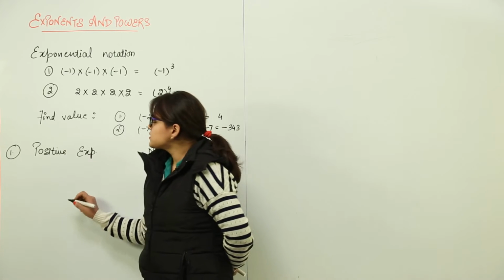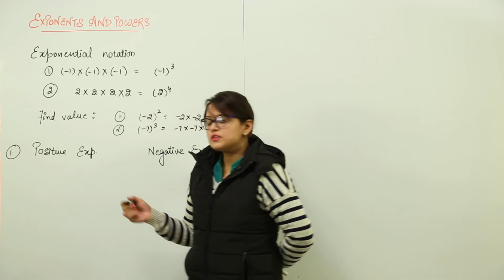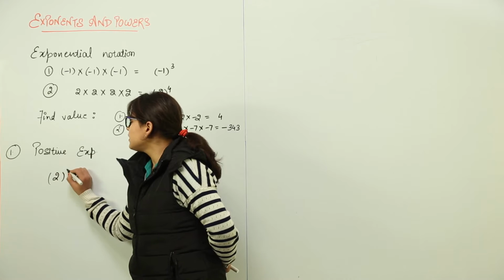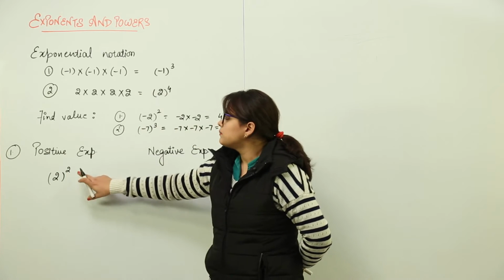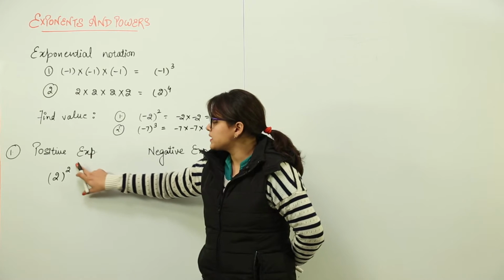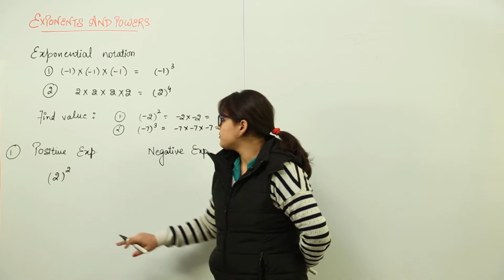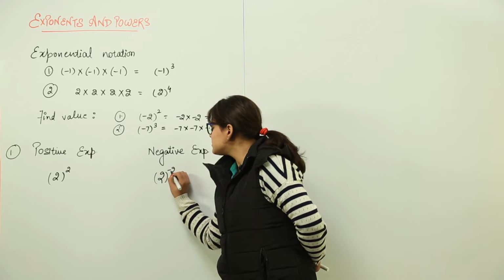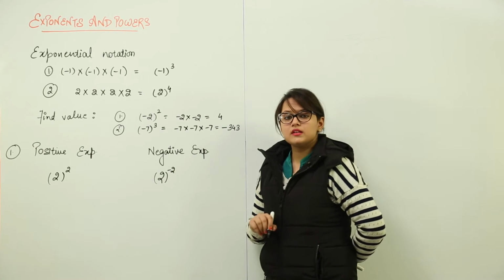So the positive exponents will be having a positive power. Say for example 2 raised to power 2. The power is positive over here. So the expression that we have is positive. But over here the power that we have will be negative.